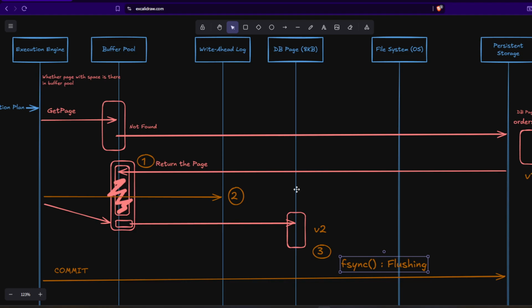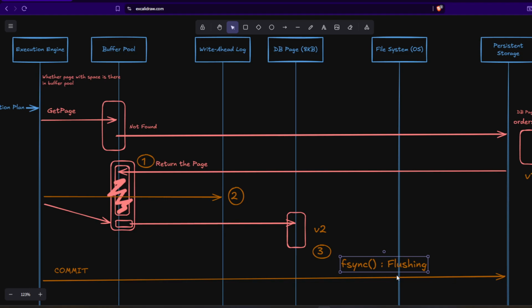WAL has some other internals as well, like how it is managed into segments. But just understand this thing: the WAL is kind of a periodic and synchronous operation. Maybe every 12 milliseconds, every 50 milliseconds or every 1 second, the data keeps saving based on the configuration.